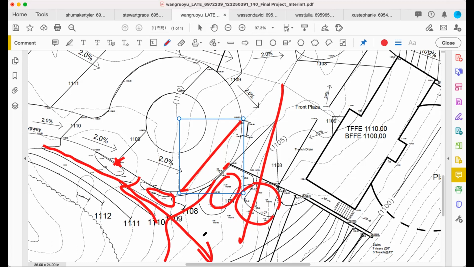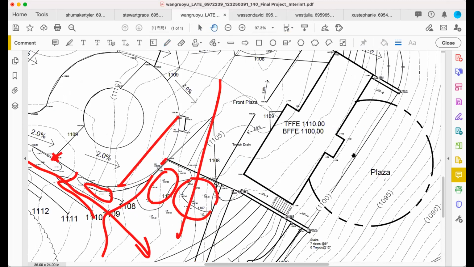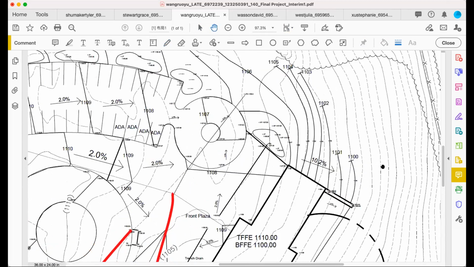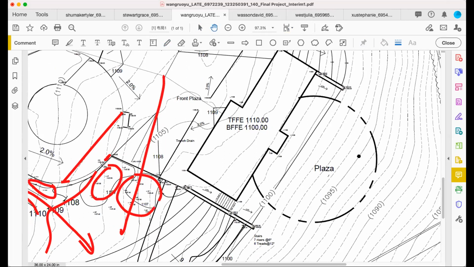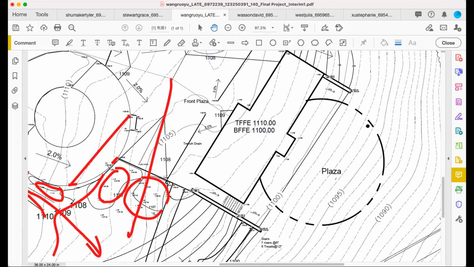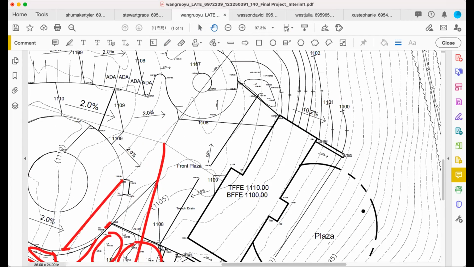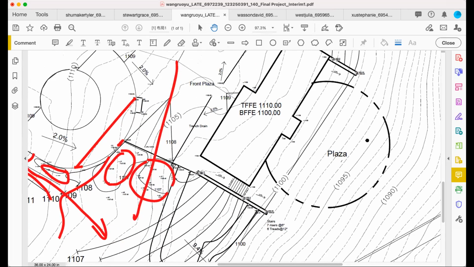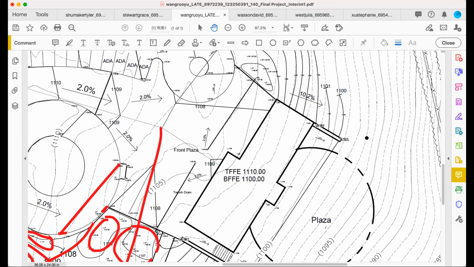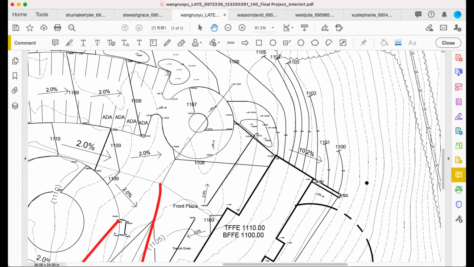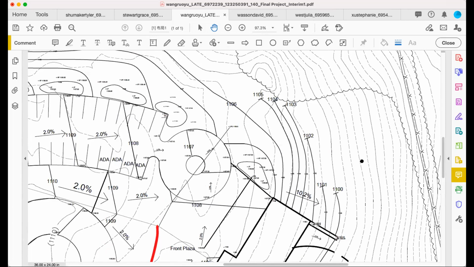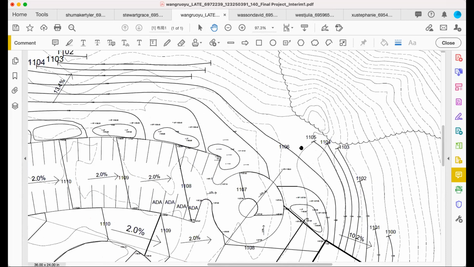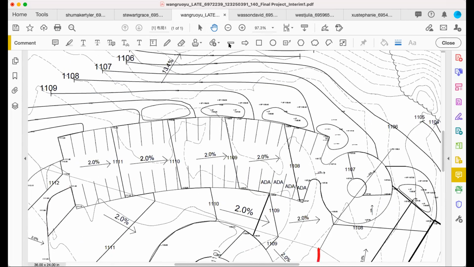Okay, so those are the drainage items that you need to add back, but definitely work on the ramp first and the base map, base map and ramp and stairs. The 99 contour seems okay. All right, keep working.